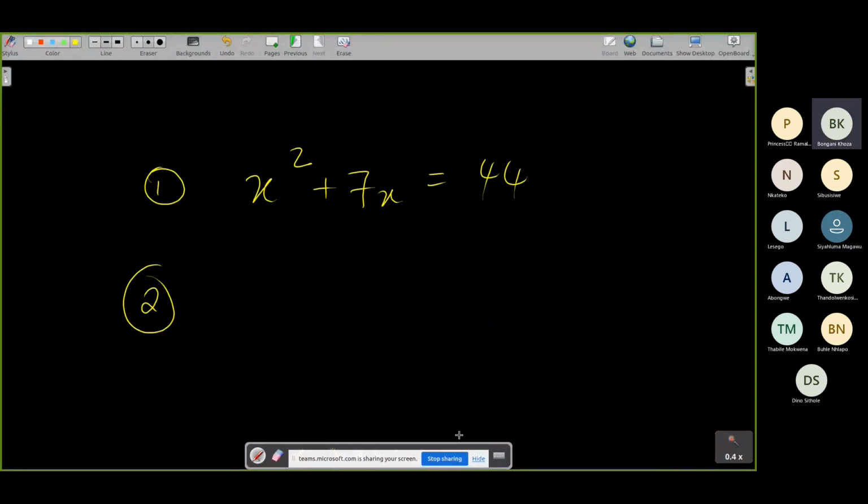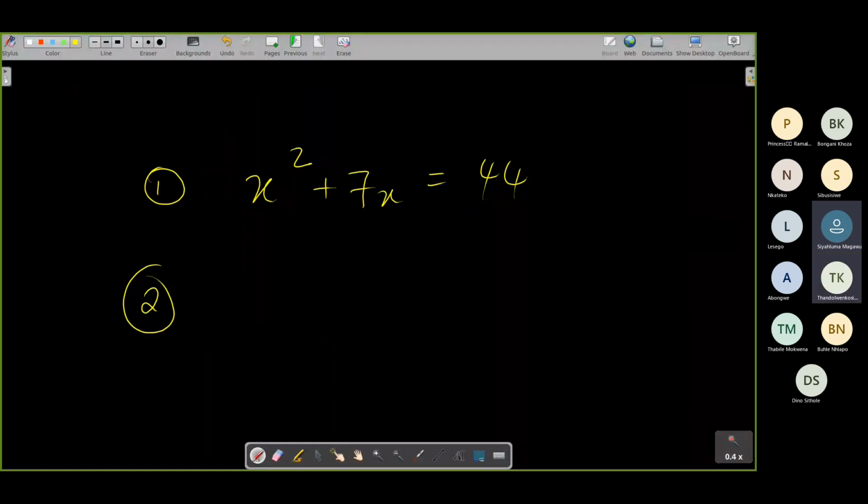I'm hoping everyone can see. x squared plus 7x equals 44. The question is x squared plus 7x equals 44.